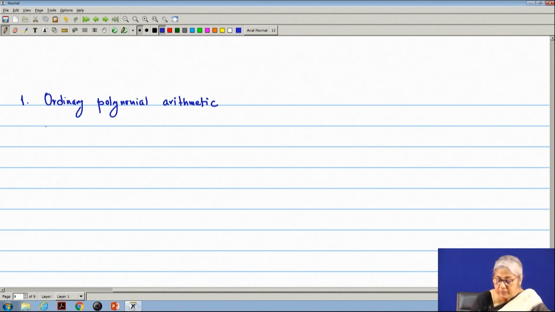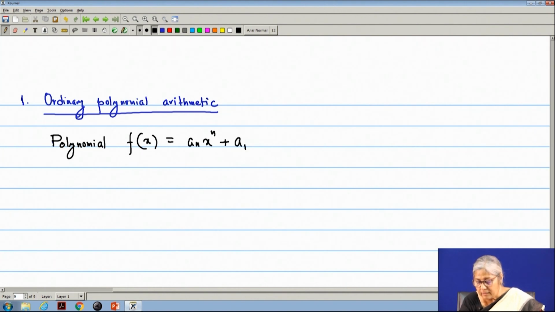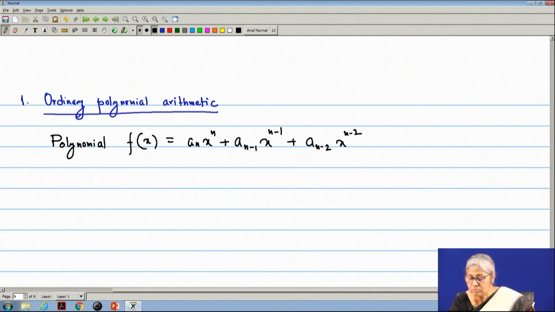So, first we define a polynomial. A polynomial f(x) is a_n x to the power n plus a_(n-1) x to the power n minus 1 plus a_(n-2) x to the power n minus 2 plus up to a_1 x to the power 1 plus a_0, where x to the power 0 is 1.